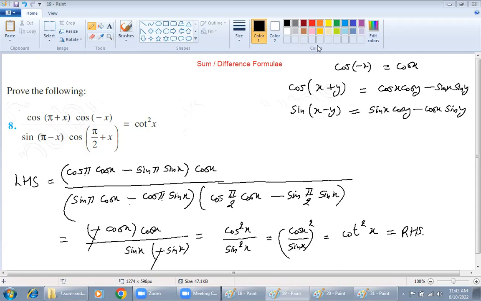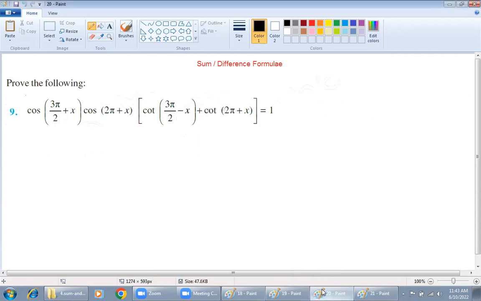Now go to the next problem. Again, we have cos of x plus y form. Here we have cot of x minus y form. This is cot of x plus y form. So cos of x plus y form we need. We need cot of x minus y form.